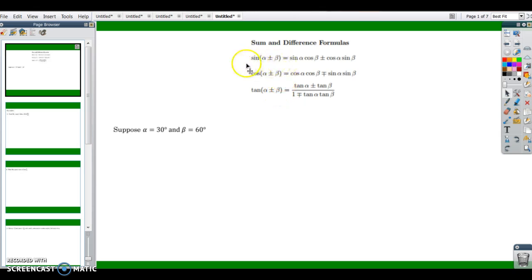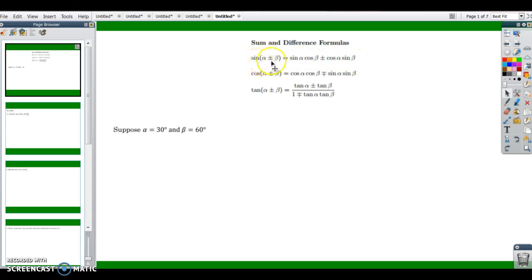So for the sum formula, the sine of alpha plus beta is going to be the sine of alpha cosine beta plus cosine alpha sine beta. If you just recognize the formula: the sine of the sum, sine of the first, cosine of the second, plus cosine of the first, sine of the second.